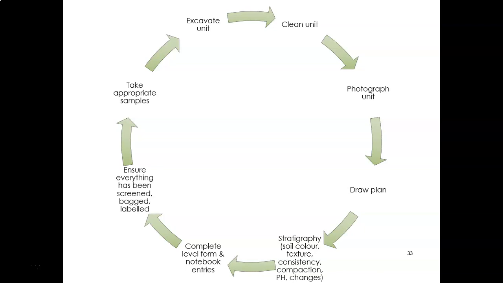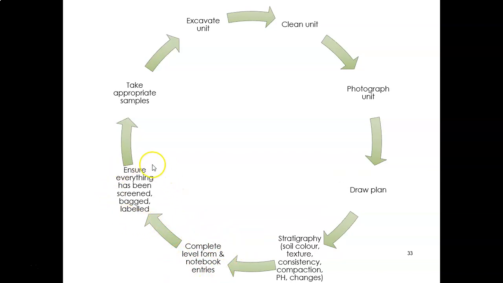So here again, what I've tried to do is provide a generalized excavation flow chart. This is what you would go through in a day. You would excavate your unit, then you need to clean your unit, by which we mean move things out of the way so that we can have nice photos when we photograph it. We need to do drawings or maps of our unit. We then can record our stratigraphy. We want to record any other forms that are required, and make notebook entries.